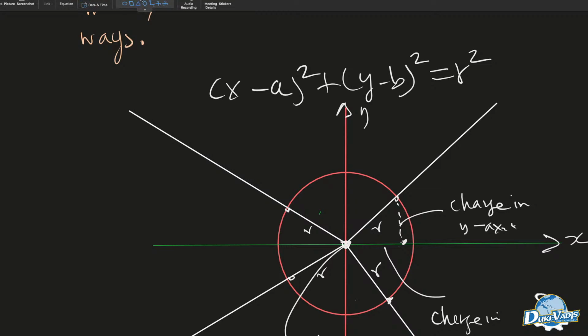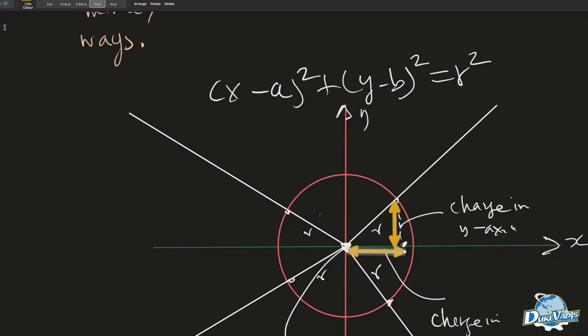So from here to here, the difference between this point and the center, there will be a change, a difference between the point in the y-axis and the point in the x-axis.